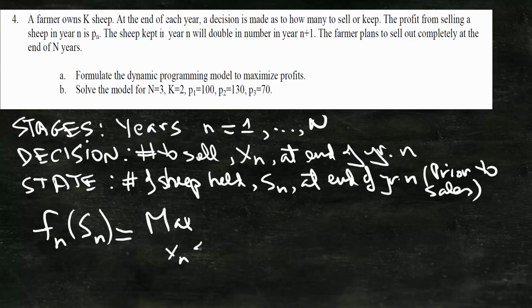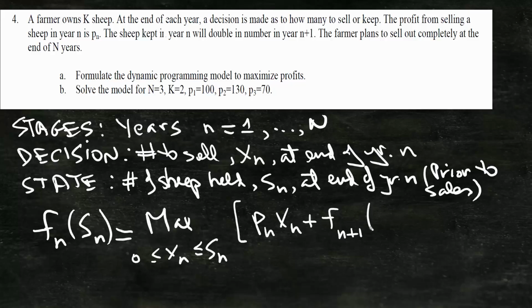I should note that that number cannot be greater than Sn, must be greater or equal to 0. And if I sell Xn, I'm going to make Pn Xn, that's my immediate benefit. And then I have the future benefit of n plus 1.